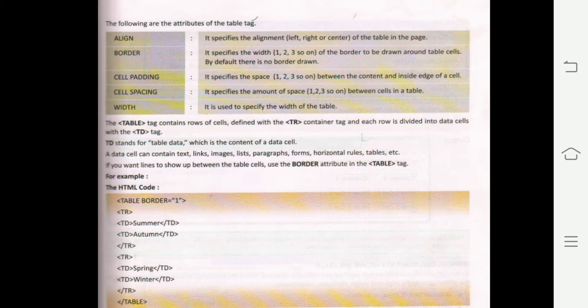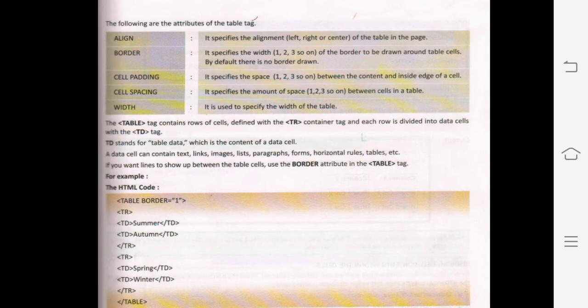Then comes width, how wide we require the table to be displayed. And there are two new terms, cell padding and cell spacing. These are basically used to set the different amount of spaces between the contents of the cells or the cell boundary or between the different cells.